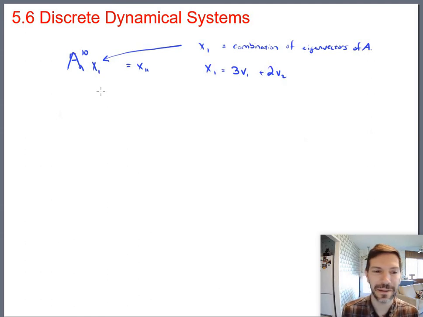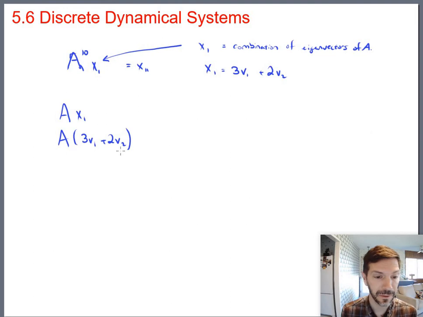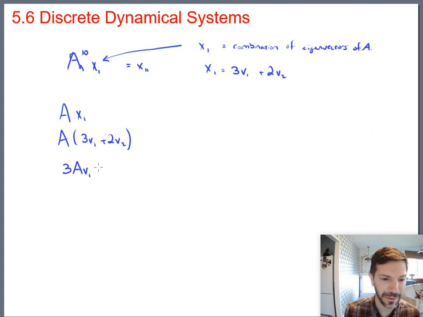If we can do that, then multiplying A times x1 is the same as multiplying A times 3v1 plus 2v2. We know because this is linear algebra, matrix multiplication is linear and we can factor constants, so this is the same thing as 3 times A times v1 plus 2 times the matrix A times v2.